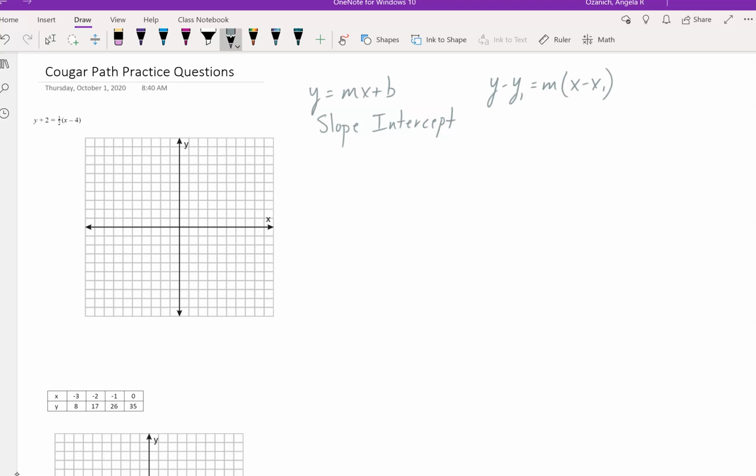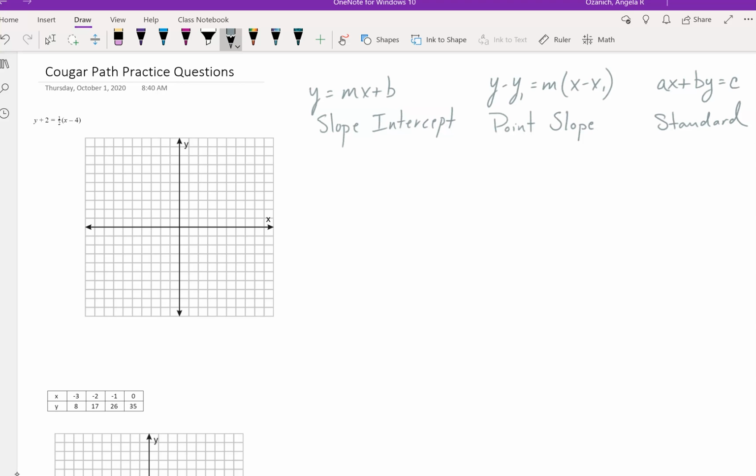That's if we have a point and a slope. And let's see if I can squeeze standard form into the corner here. Ax plus By equals C is called standard form. All right, just enough room there.